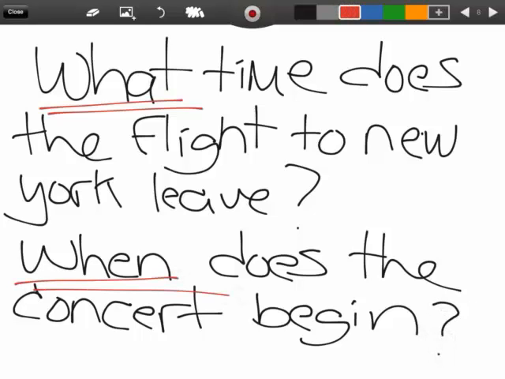If I wanted to ask about a specific event, I would ask it in two ways. One of them is what, and the other one is when. Given my example sentences, I would say, what time does the flight to New York leave? Or when does the concert begin?